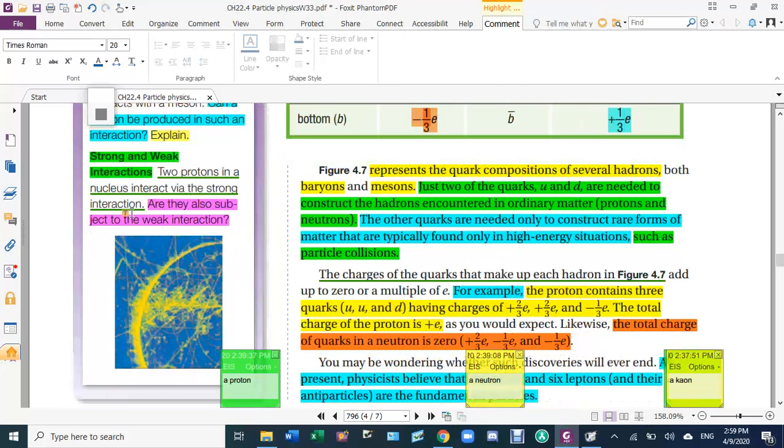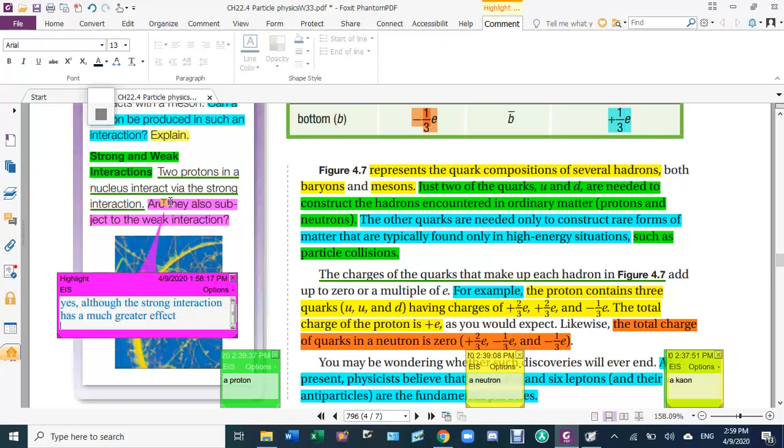Second question, strong and weak interactions. 2 protons in a nucleus interact via the strong interaction. Are they also subject to the weak interaction? The answer: yes, although the strong interaction has a much greater effect.